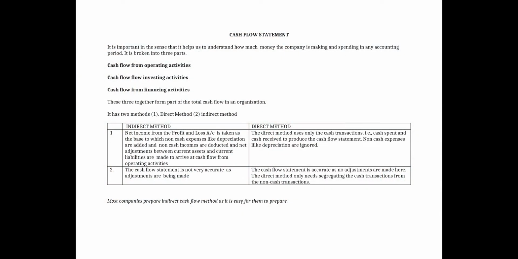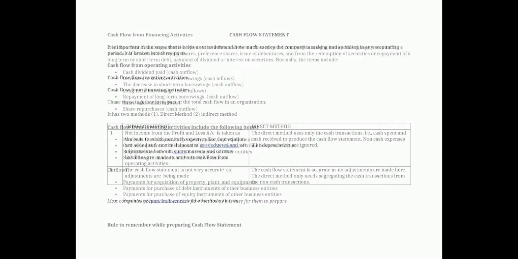Let's see the illustration here. Spicy Restaurants Limited balance sheet as of 31st March 2022 is given here, along with the profit and loss for the year ended 31st March 22. From the above illustration, we have to prepare the cash flow statement under two methods, one indirect method and two direct method.